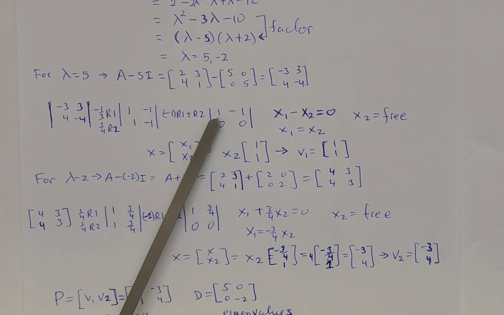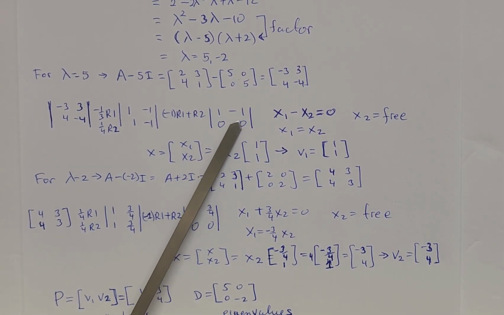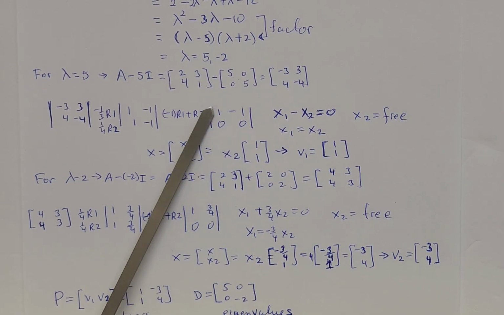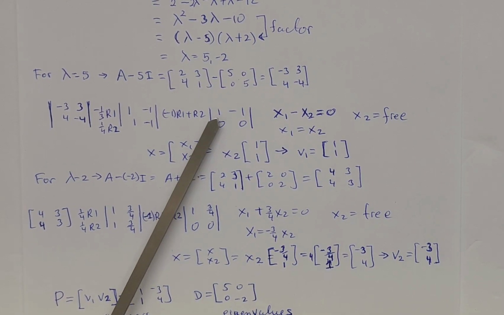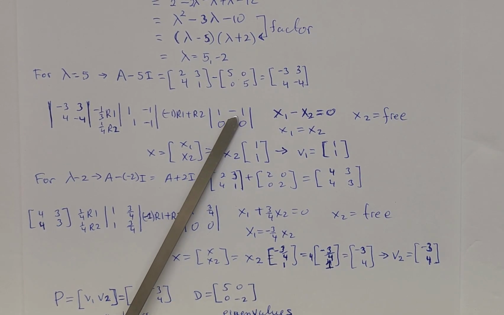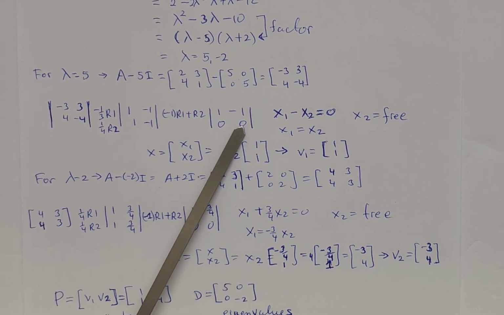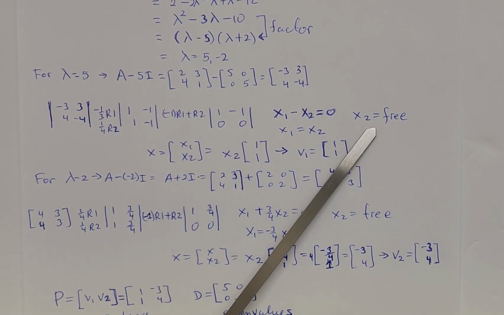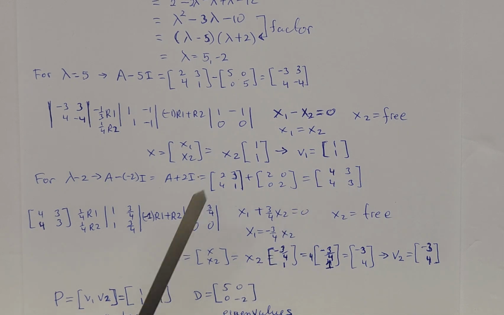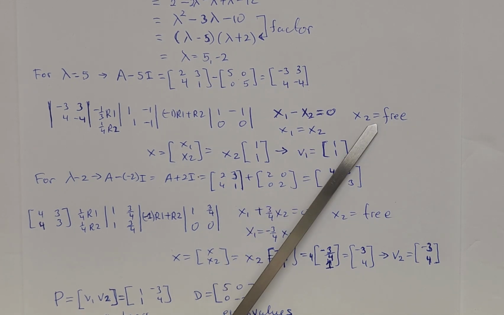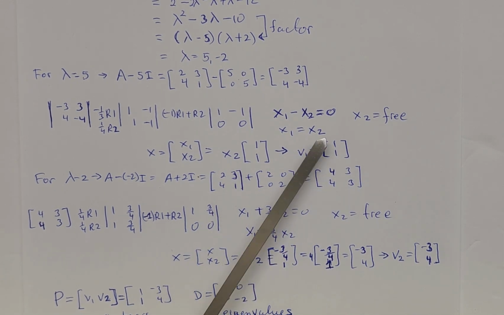Now, as you can see, this is my pivot, and this is also my pivot. Since this is the only one that has a pivot, we will write x1 minus x2 equal 0. However, there's a 0 here, so x2 is free. Now we write all of the values in terms of x2.